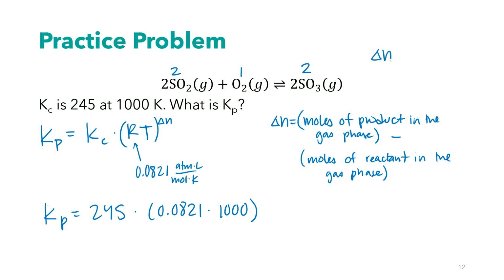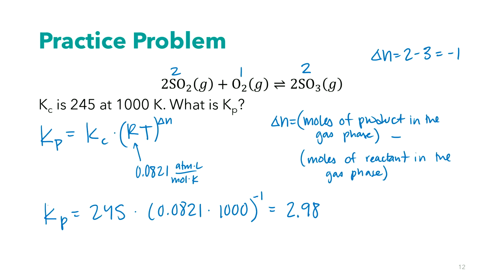So my delta N should be 2 minus 3, or negative 1. It is fine for that number to be negative, okay? So I'm going to raise 0.0821 times 1,000 to the negative 1. That gives me a final answer of 2.98. All right?